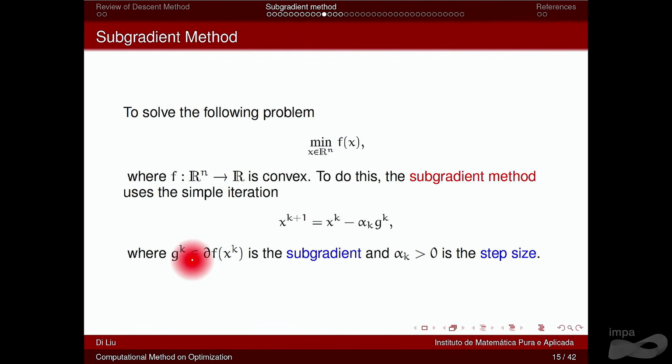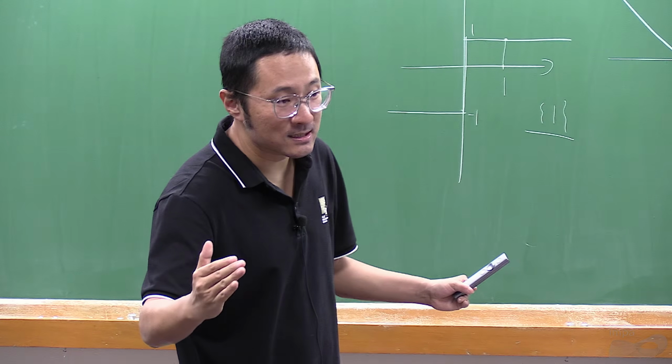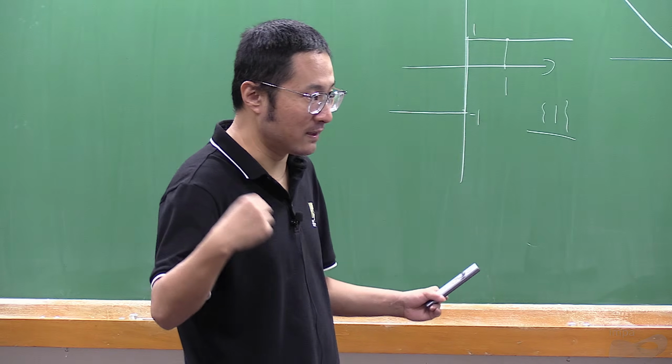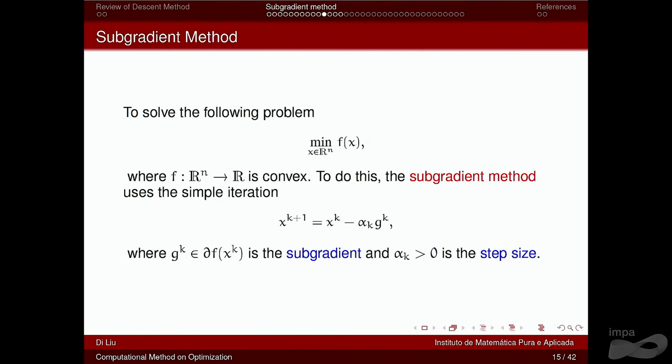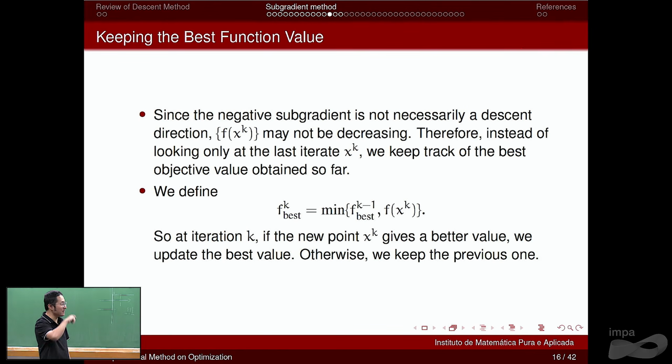Because g_k belongs to the subdifferential of f at point x_k. We already know this direction may not be a descent direction, but originally the sequence will converge. Okay, so this is the point here. If we choose some proper step size, finally we can still get the convergence. Okay.